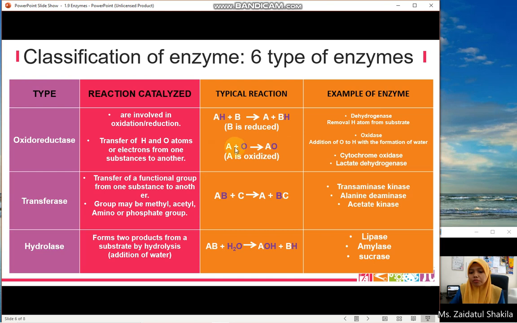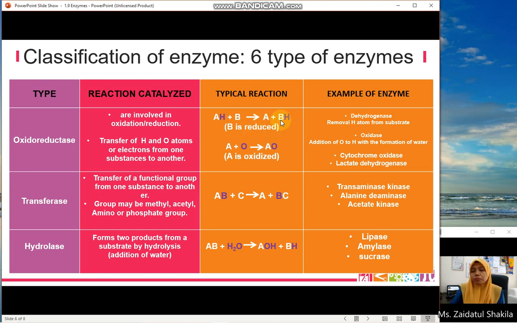The typical reaction of oxidoreductase is like this: AH plus B forming A plus BH. Look at the hydrogen atom. The hydrogen atoms are moving from compound A to compound B. So compound B receives a hydrogen atom.